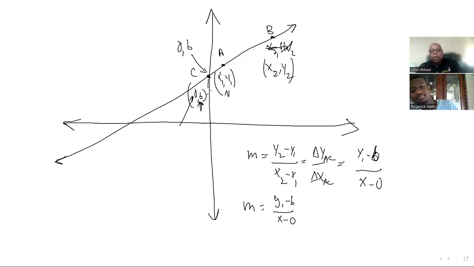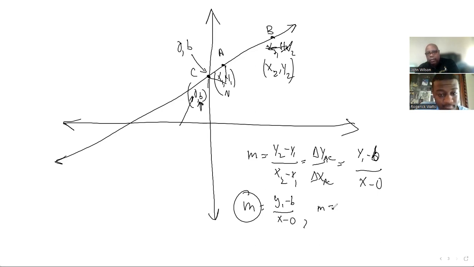Oh, okay. So it's kind of weird because, again, calculus gets weird. So I'm only looking at these two points. It doesn't matter. I'm getting the same m, right? It's just going to be represented differently. And you can see that difference is all the difference in the world. So anyway, you go ahead and you simplify this.